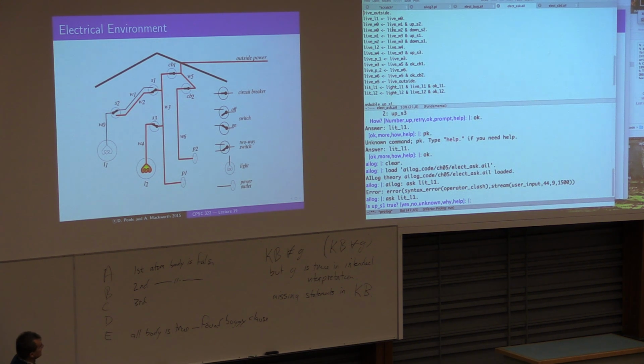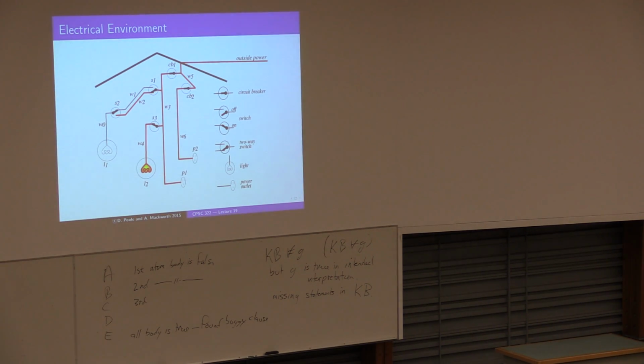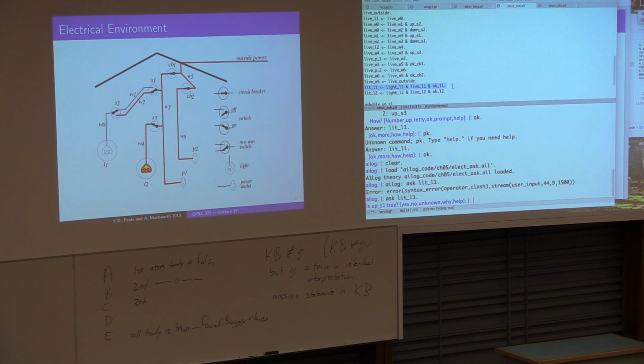We know it's a light. We want to know if it's live L1. And if we look at the rules for live L1, we have this rule for lit L1, right? So now we're going to prove light. We prove light. We need live L1. He's saying if live W0 is true with this and up S2.